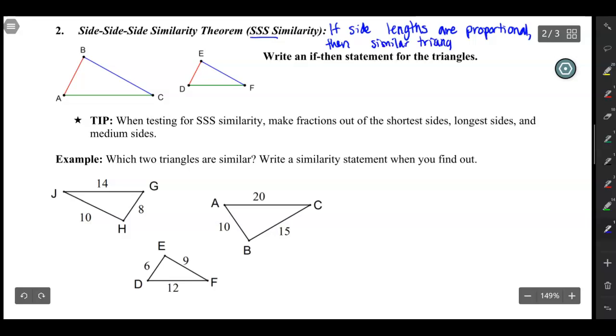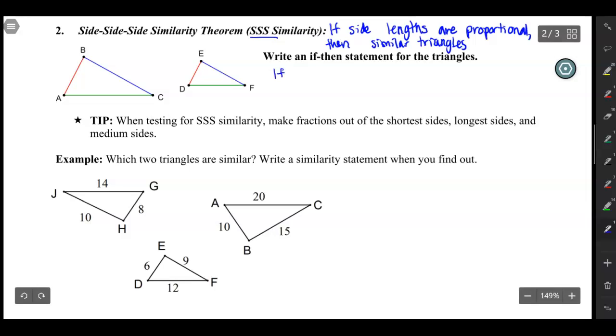Okay, so this means that you don't have to look at the angles at all if you can prove that all three of the side lengths are proportional to each other. So let's look at this example that we have here, triangle ABC and triangle DEF. I've already denoted the corresponding side lengths using different colors. So let's write an if-then statement for this.